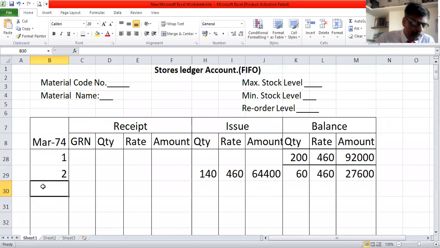Then next date is 6th. Transaction is purchase.